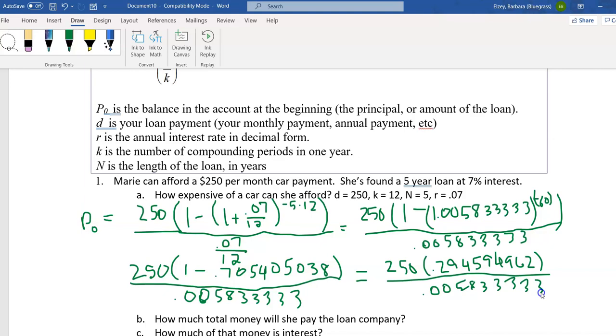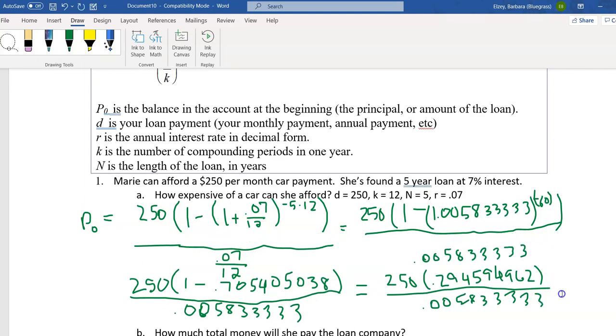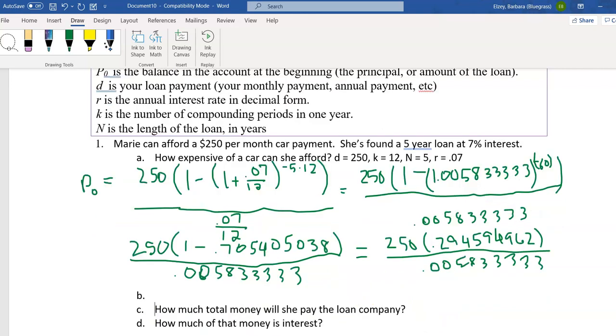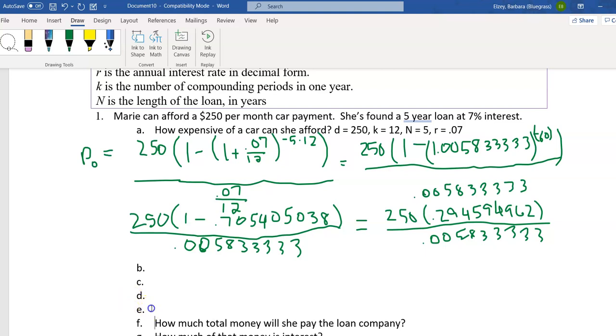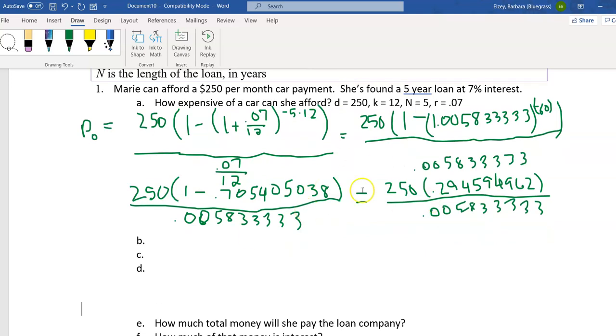Alright, just going to add some more space in here for us. Hopefully down here. We'll just ignore the B, C, D, E stuff. Okay, now let's go ahead and multiply 250 times our 0.294594962.